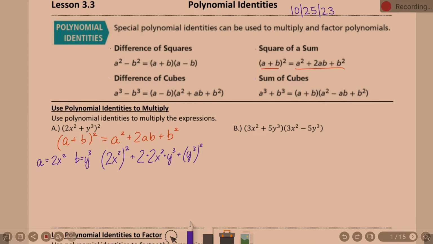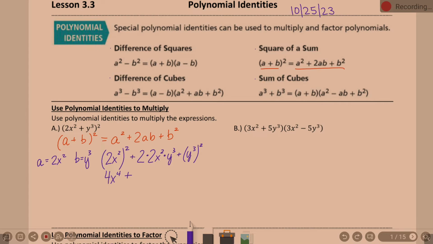2x squared quantity squared. What do we get when we square 2x squared? 4x what? Okay, 4x to the 4th. And remember, when you do these powers, it's power times power.